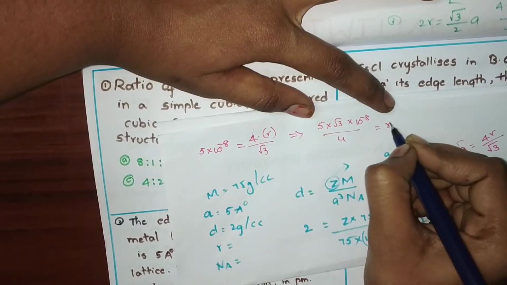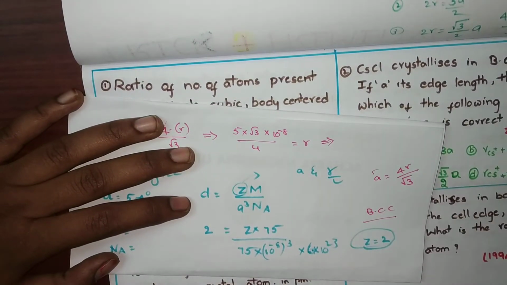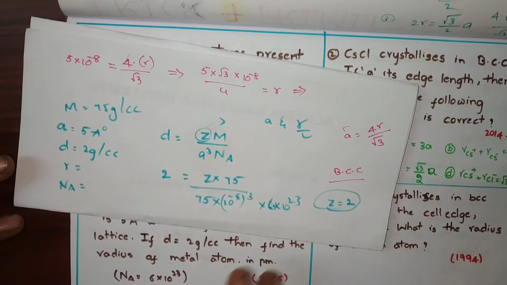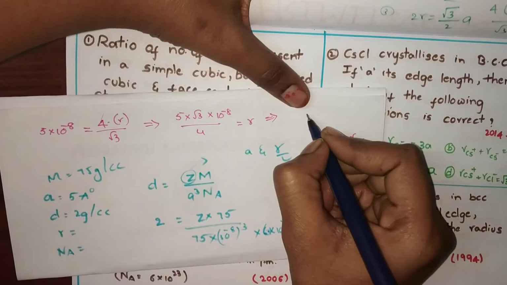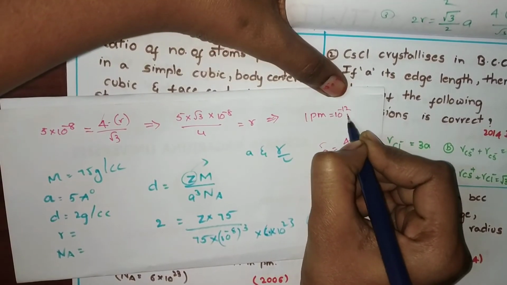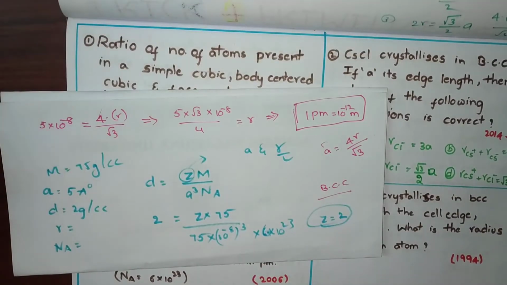Solve this calculation. It is not a big deal. And you will get the answer. Suppose I want to tell you that 1 picometer is very important. 1 picometer is 10 to the power minus 12 meters. Solve the calculation.